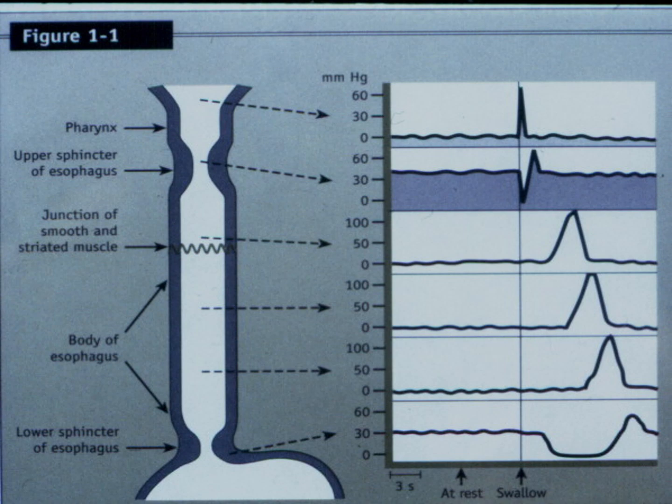That is, it's not along the same vertical line, but it's moving a little bit more to the right every single cut from the upper esophagus to the lower esophagus, indicating that the food bolus is being carried down the esophagus body and to the end of the body of the esophagus.